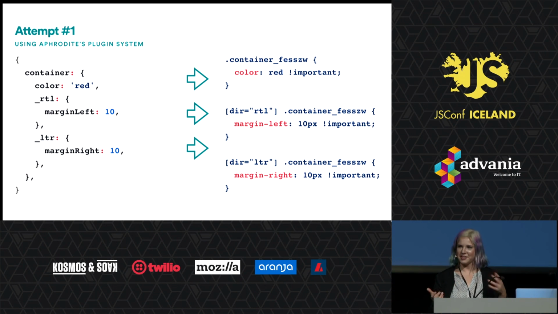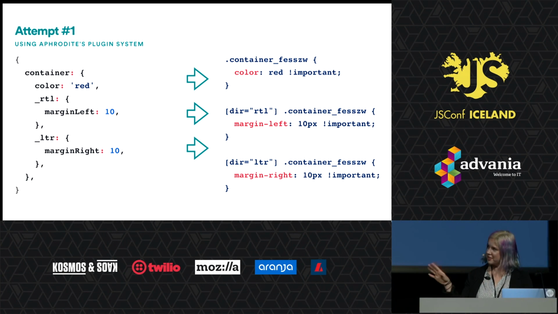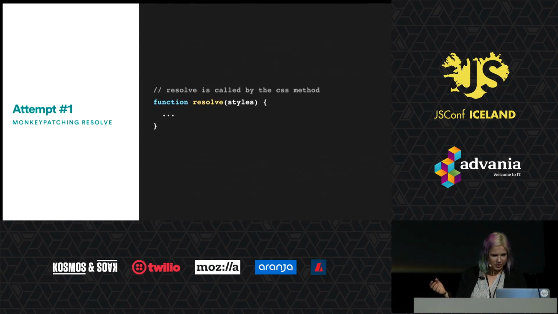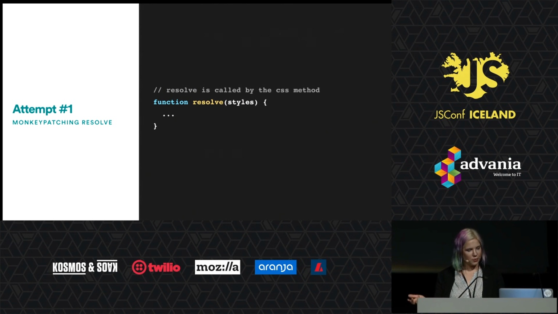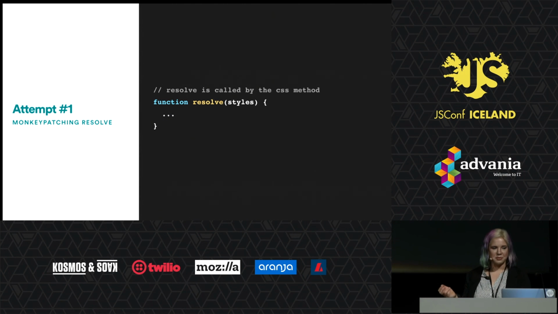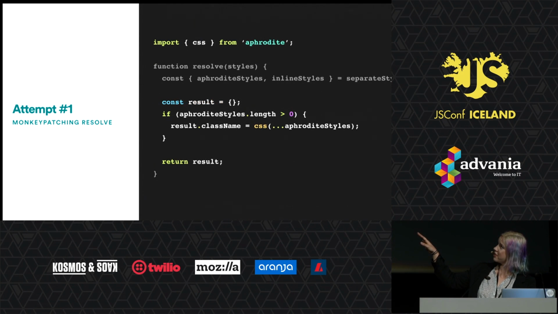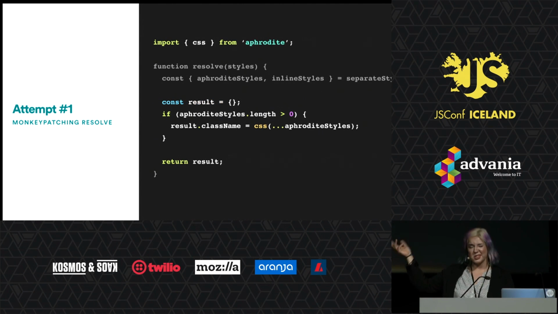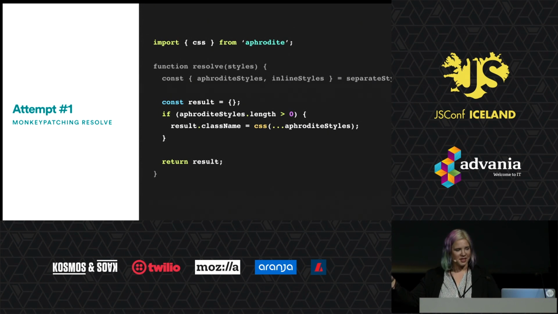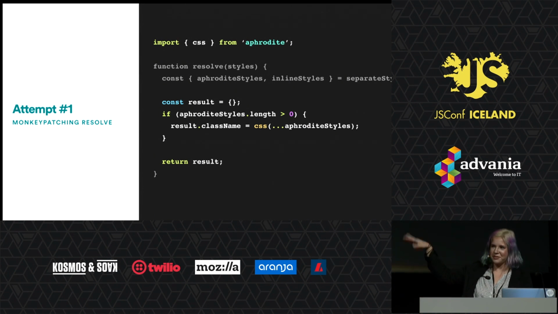If this selector handler was all we did, we'd have to rewrite all of our styles to have these underscore RTL and LTR styles in them. So we wanted to monkey patch the CSS method to do all of this for us. This method takes a list of styles as arguments. It splits them up, so it looks at the Aphrodite styles and inline styles separately. The Aphrodite styles go through the CSS call.